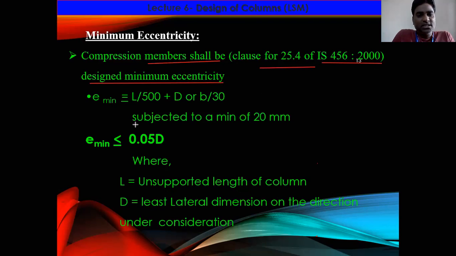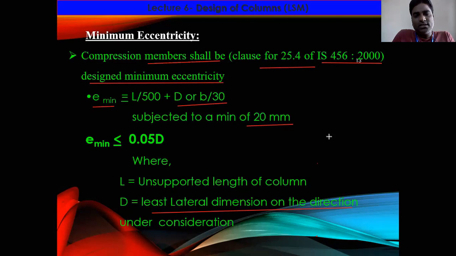The minimum eccentricity should be calculated as per the codal provision, that is e minimum is equal to L by 500 plus D or B by 30, where D or B is the least lateral dimension of the member being considered, right? And subject to a minimum of 20 mm, whichever is greater, right? So this you should remember.